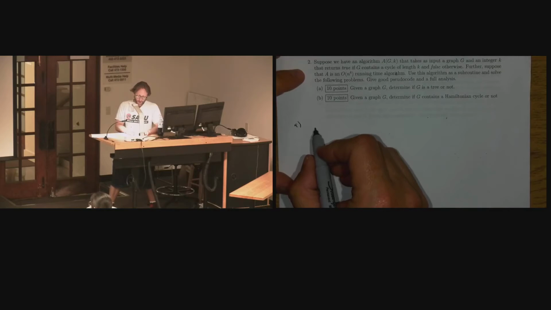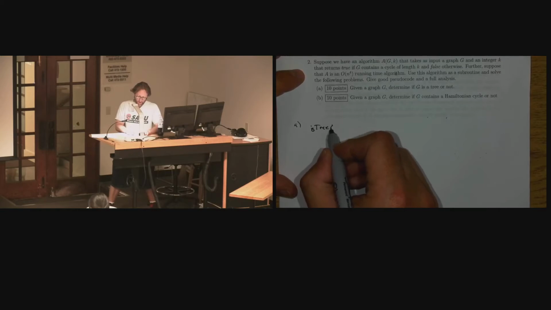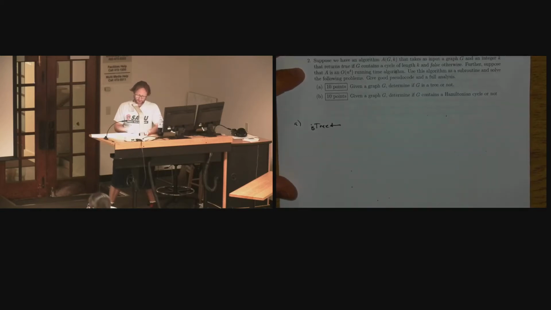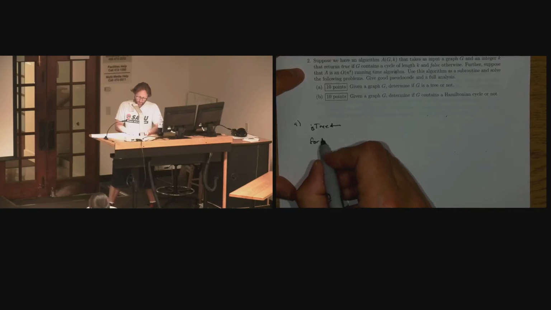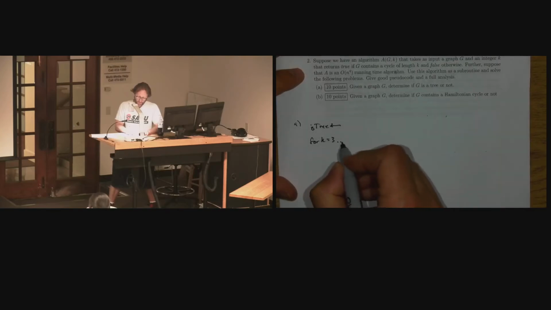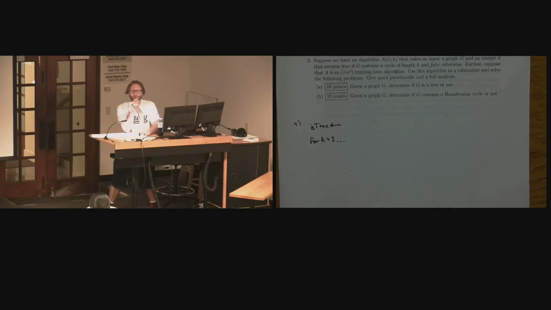So all I need to do is, you should write out input, output here, but I'm going to go ahead and write is tree. And we'll come back and set that initialization there. And we're going to test for k running from 3 up to, what's the longest cycle that you can have? Say that you've got 4 vertices.